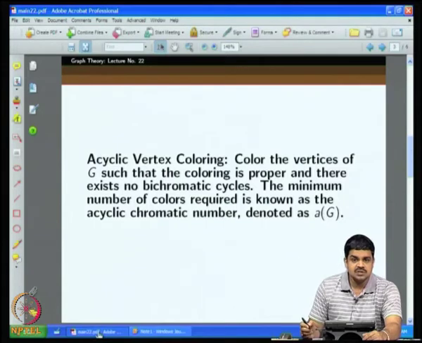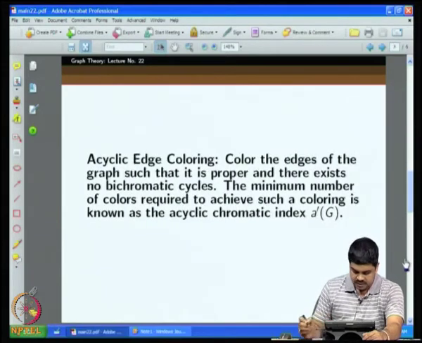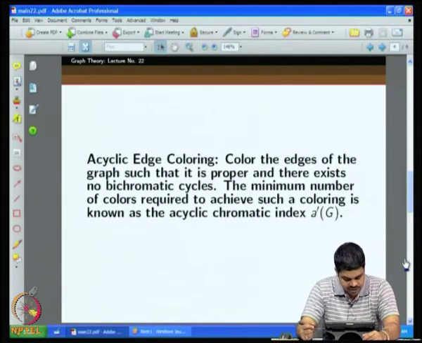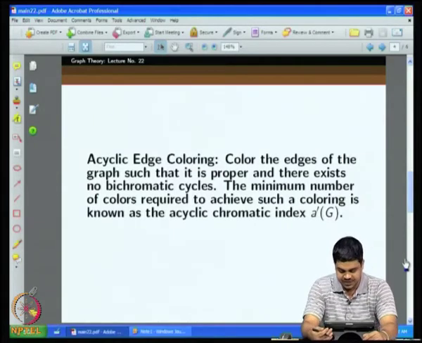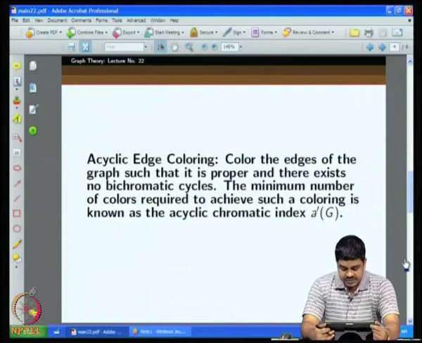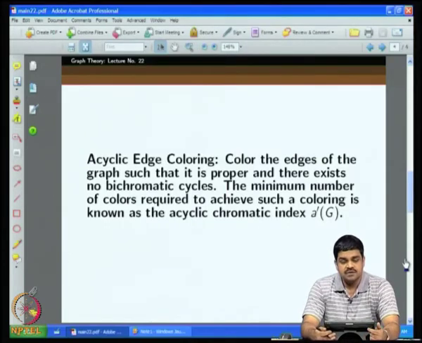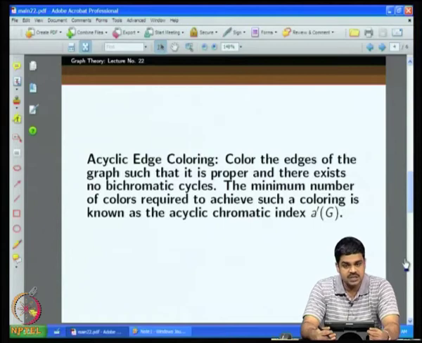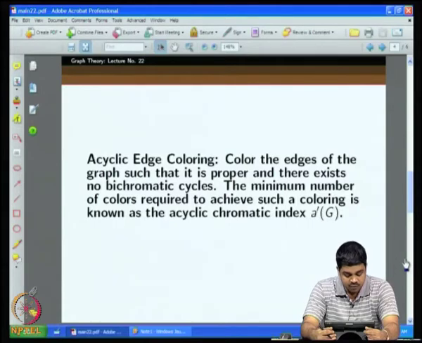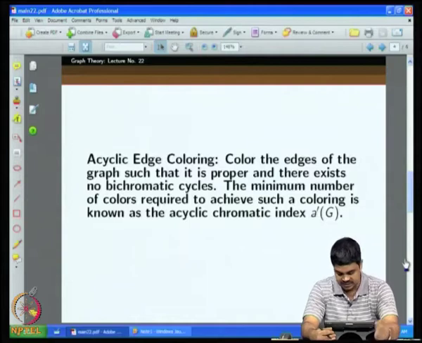So, let us also discuss a variation of the problem, an edge version, which is cyclic edge coloring. The question is to color the edges of the graph such that, of course, we want the coloring to be proper as usual. That means two adjacent edges should not get the same color, and we also have the condition that there are no bichromatic cycles.